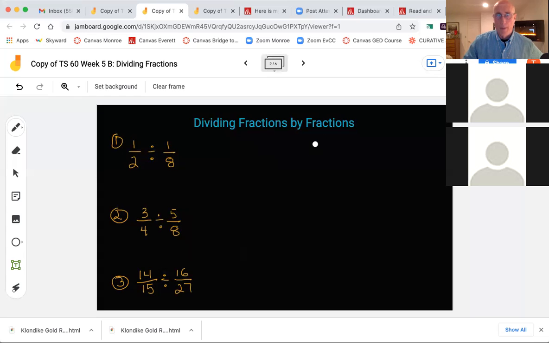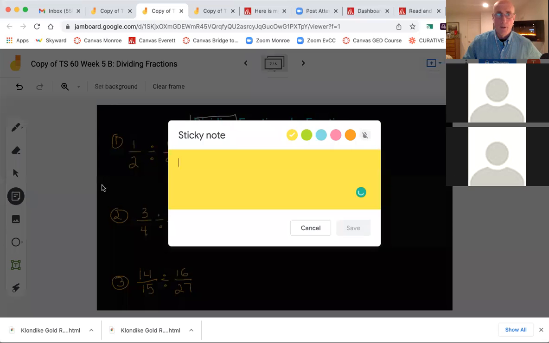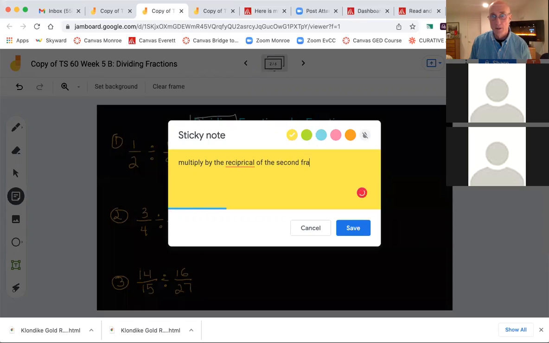Here's the rule. When I'm dividing fractions, I can put this rule down here. If I wanted to add this to my notes, it is to multiply by the reciprocal of the second fraction.